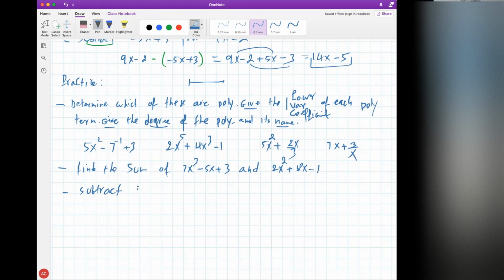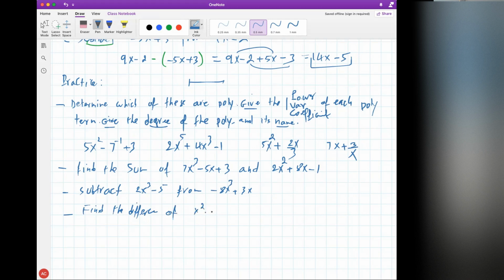Subtract maybe 2x to the third minus 5 from, and finally going to find the difference of a couple of polynomials.